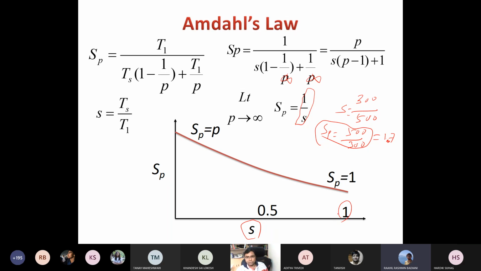Suppose serial fraction is absolutely 0, then you may get linear speed up theoretically. But if S is equal to 1, there is no scope for parallelism, so we will not get the speed up. Is it clear?